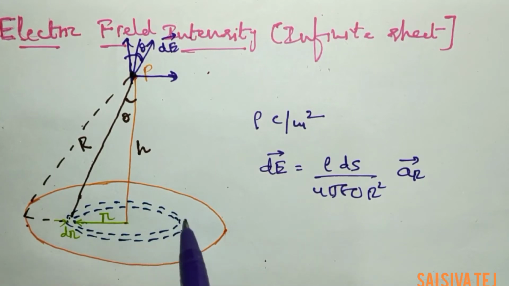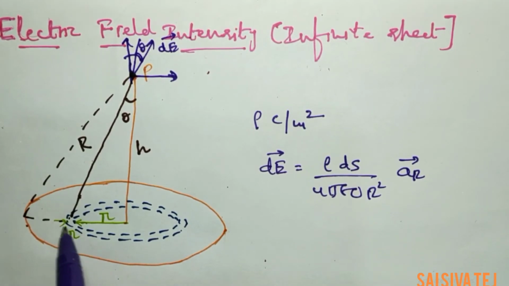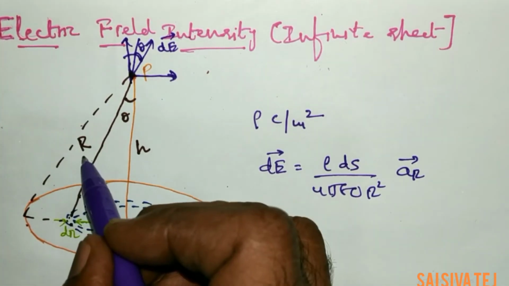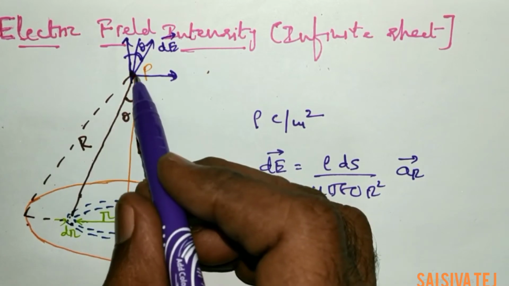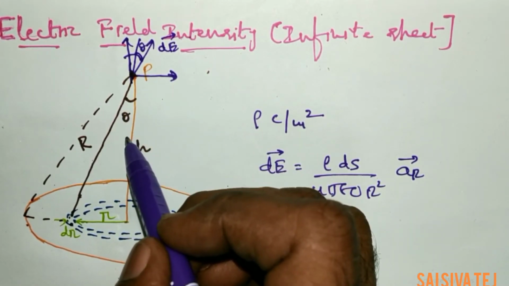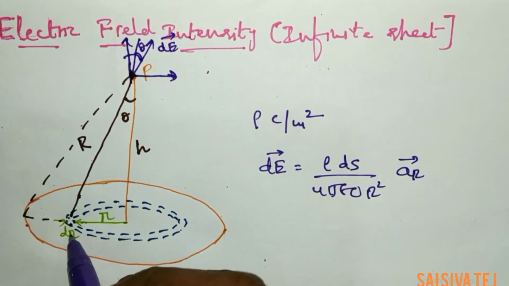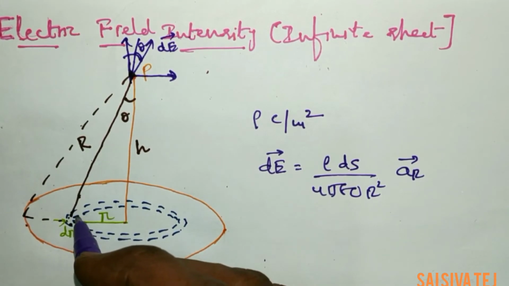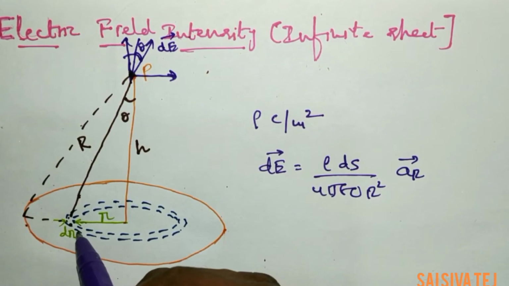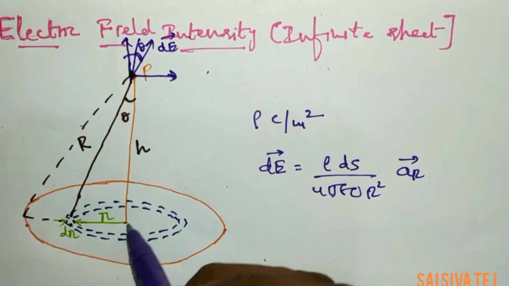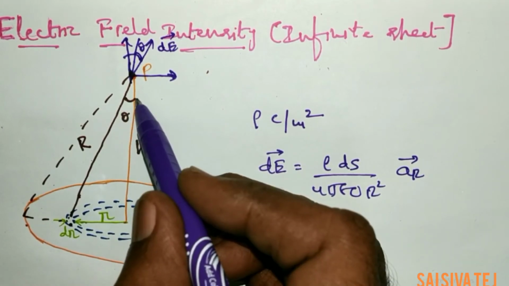a combination of smaller disks like this, having a differential radius of dr. I mean to say a small radius of dr. Here I am considering a circular portion of the disk having a differential radius dr at a distance of r from the center, and capital R is the radial distance from dr to the point P. Once we find the small electric field intensity dE because of this circular portion, we can extend it to the complete disk by integrating over theta from theta equal to 0 to this entire angle.